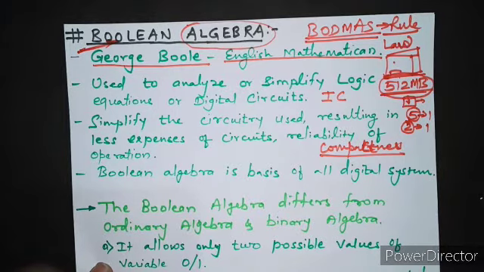It's like magic that the gates which we have studied can even be verified with the help of Boolean algebra. Everything you will find correlated, even when we study further concepts, everything is correlated here.